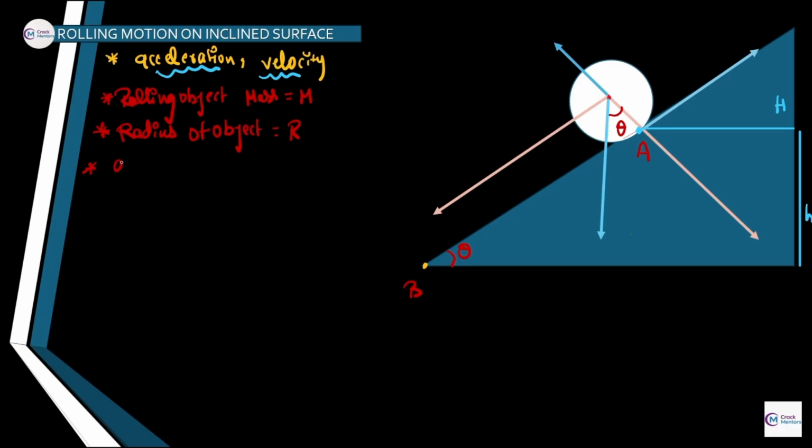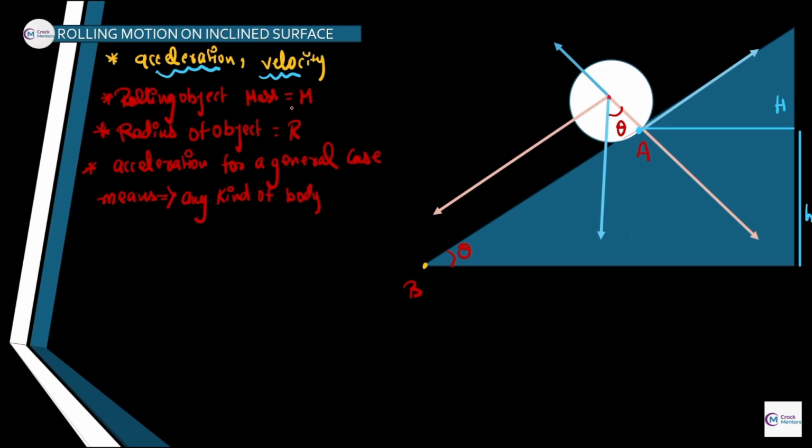Acceleration for a general case. Right now I'm going to solve acceleration for a general case, which means I'm going to talk about any kind of body that rolls. See, there are many objects that can roll.